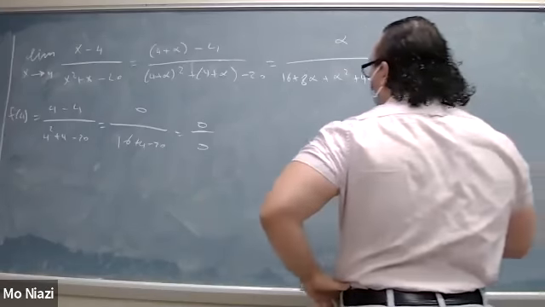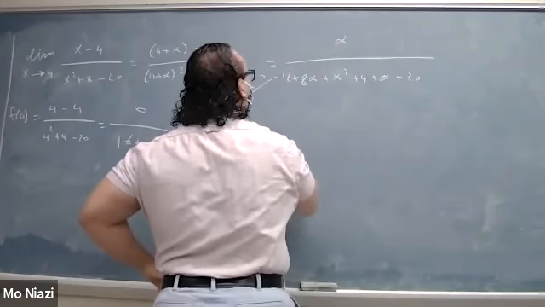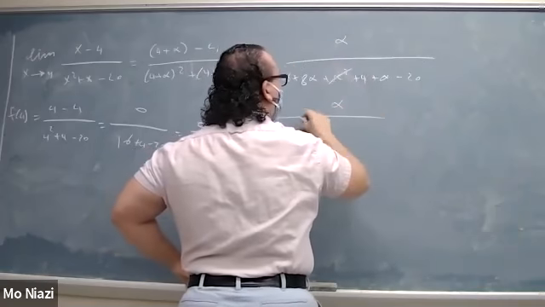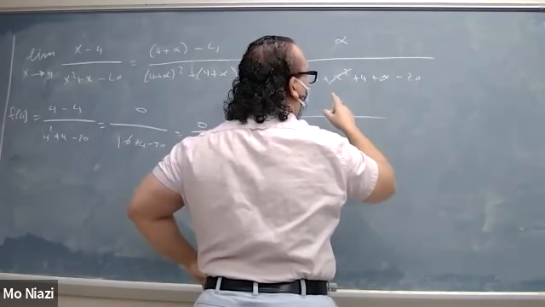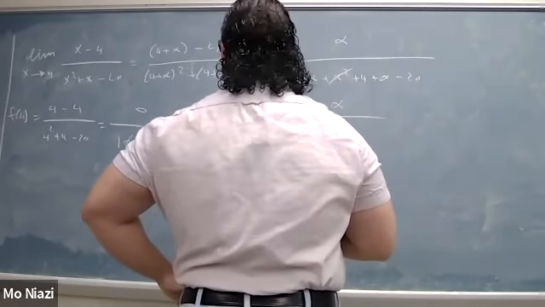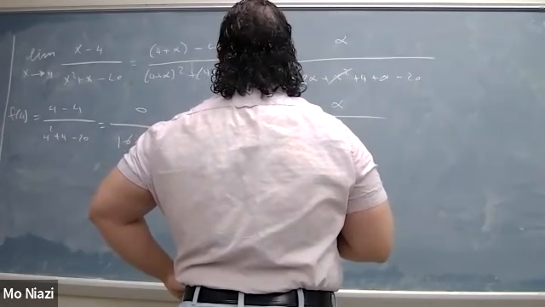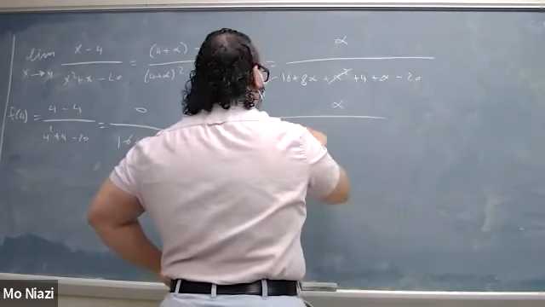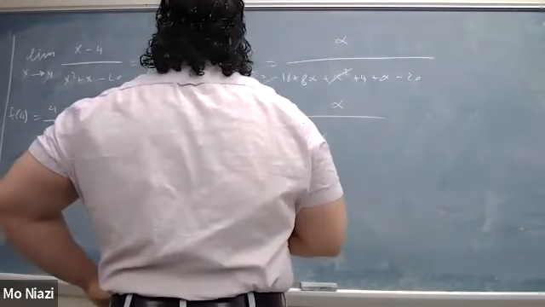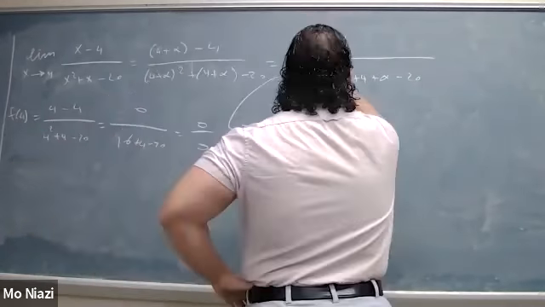Okay. Then let's combine like terms here. We got alpha on top, alpha squared goes away. And then 8 alpha plus the alpha, that's 9 alpha. And then these go away.